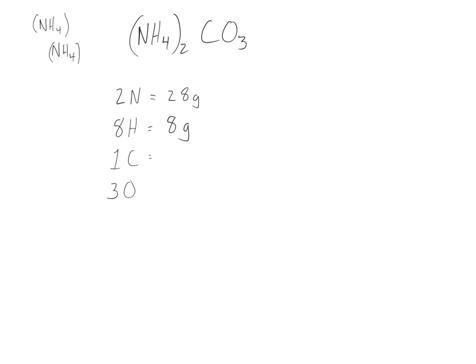Carbon on the periodic table, we're going to go with 12. And I only have 1 of them, that's why I have 12. Oxygen on the periodic table, 16. I have 3 of them, so 48 grams. I'm going to add it all up and get 96 grams. And 96 grams is 1 mole of ammonium carbonate.